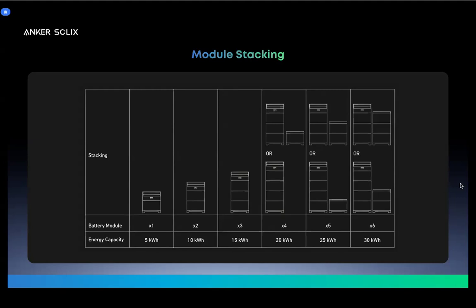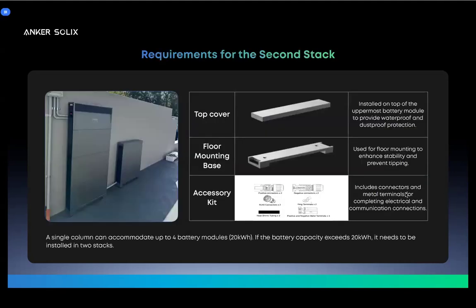Or if space is more of an issue, you could do 2 batteries, 2 batteries, 2 batteries with the power module on one. Or if you really need to get creative, you could have them set up with 1, 1, 1, 1, 1. Or you could have 4 batteries in one stack and 2 in the other with the power module on top of the 4. The X1 is super flexible in terms of its install capacity.